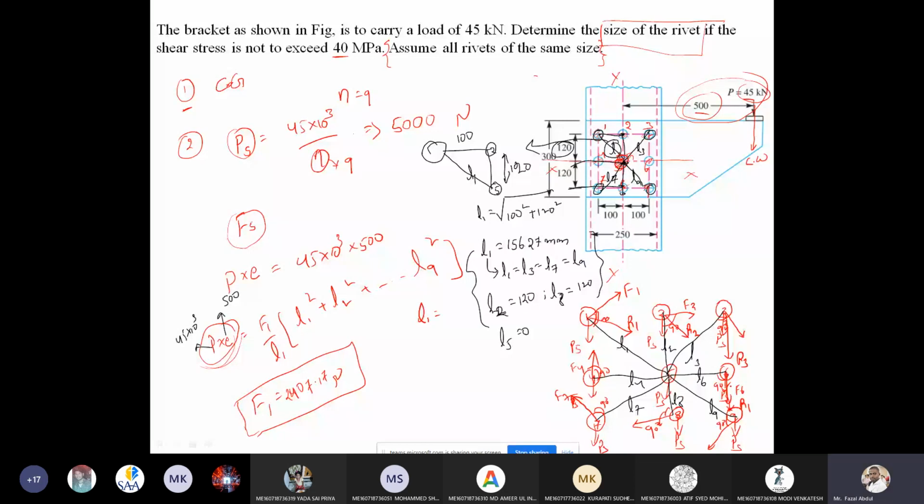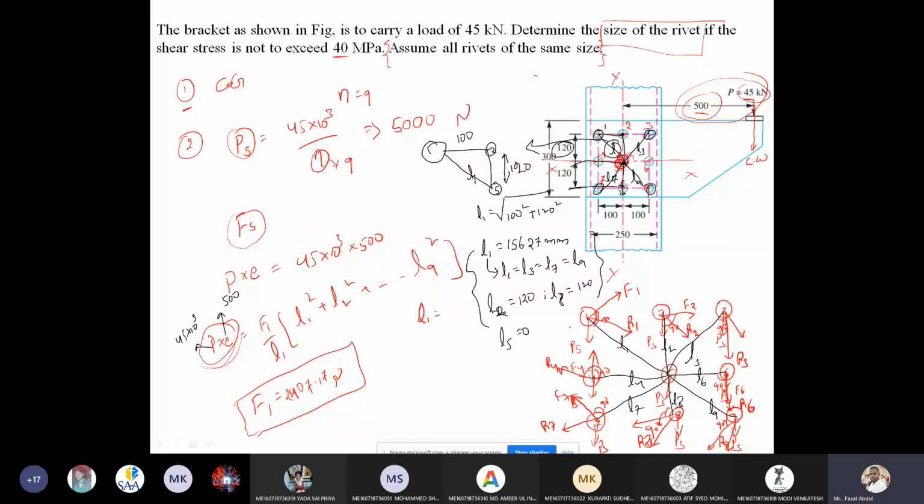Here the resultant forces are R9, R8, R7, and for this the resultant will lie in the direction where the maximum magnitude is generated, that is R4.